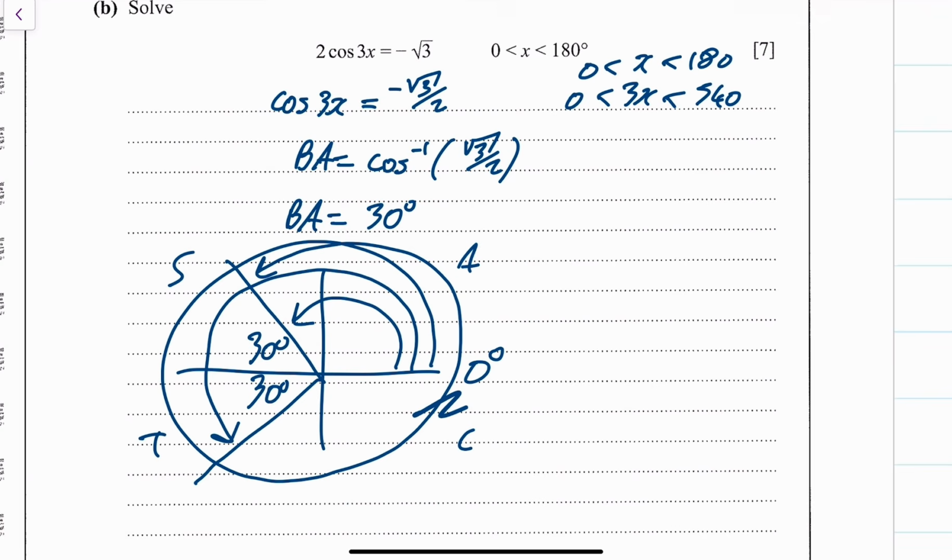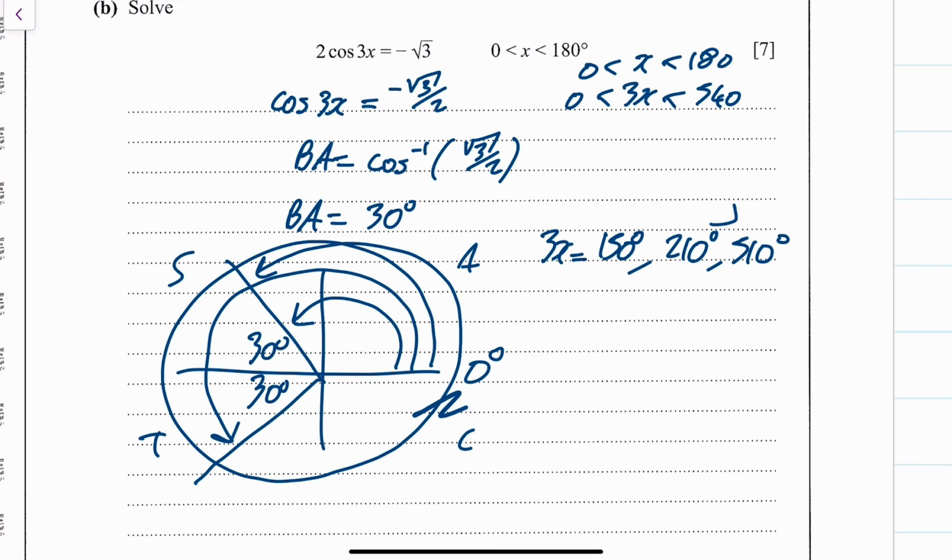So the first one was my 3x is equal to 150. And then the next one is going to be 30 more than 180, which is 210. And this next one is this one plus 360. So 150 plus 360 just works out to be 510 degrees.